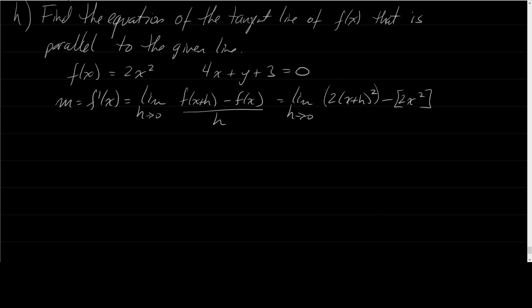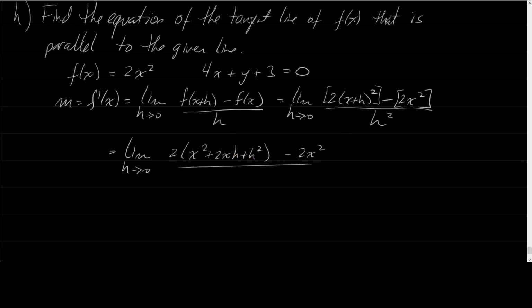right? Perhaps I'll do them with brackets instead of parentheses. So now all of that is over h, right? So now I get here the limit as h goes to 0 of 2 times, if I expand this, I end up with x squared plus 2xh plus h squared minus 2x squared, all of this over h.